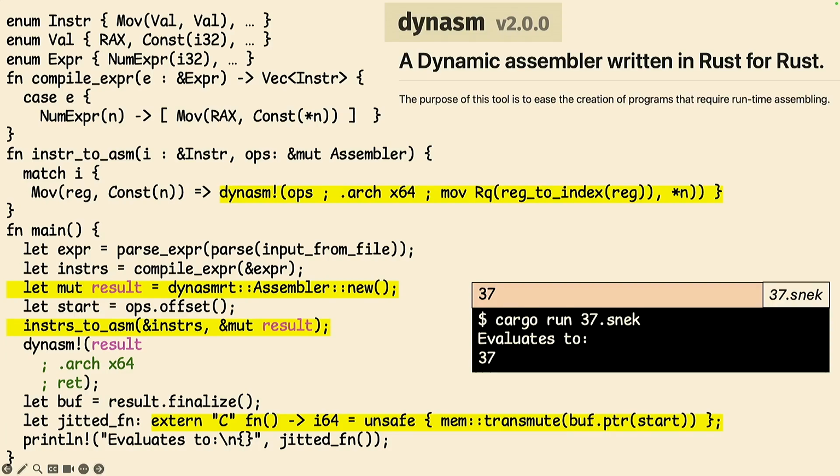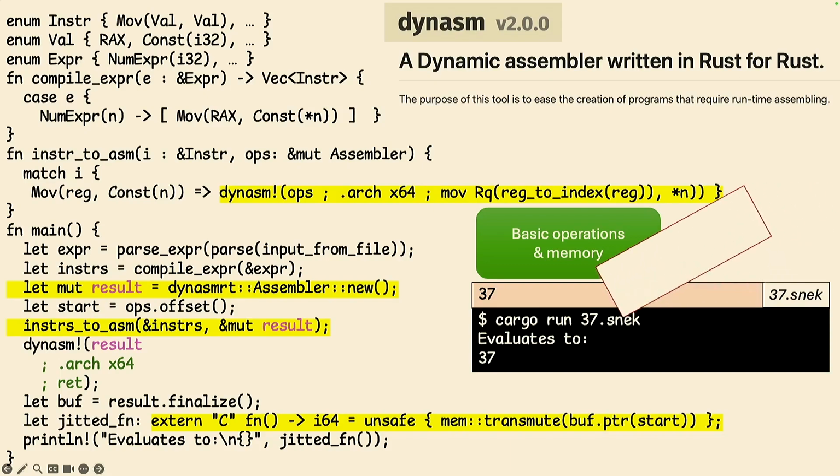Okay. So I claim that up to basic operations and memory, which is the computational stuff like doing plus and stuff like that, we have successfully JITted week 1. Okay? Now what you can do is you can just run the compiler kind of in eval mode.